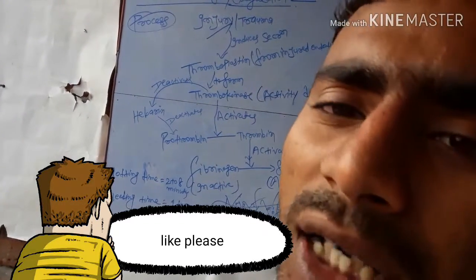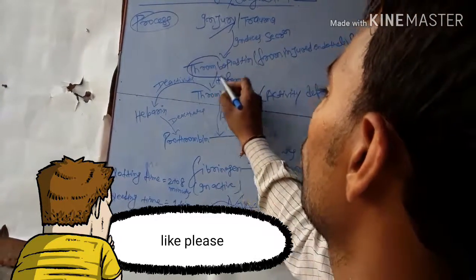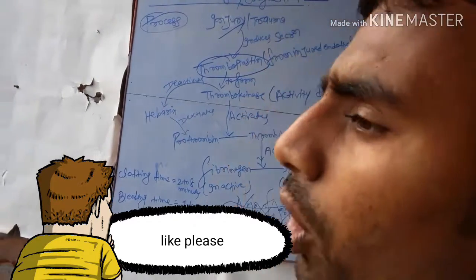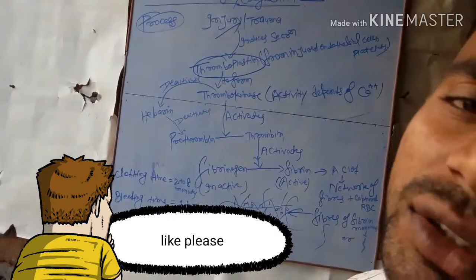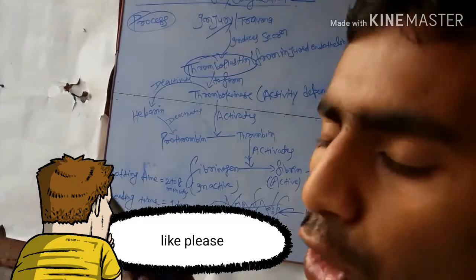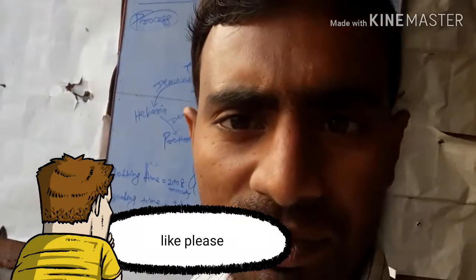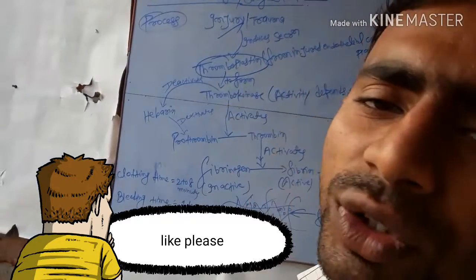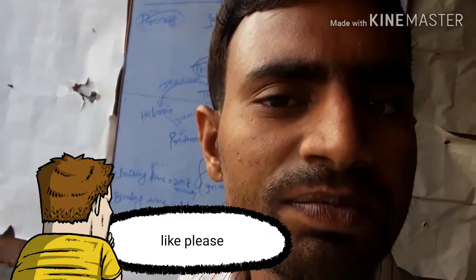From the injured part, thromboplastin secretion is induced. Where the injury happens, from that spot, from injured endothelial cells, thromboplastin will be secreted.